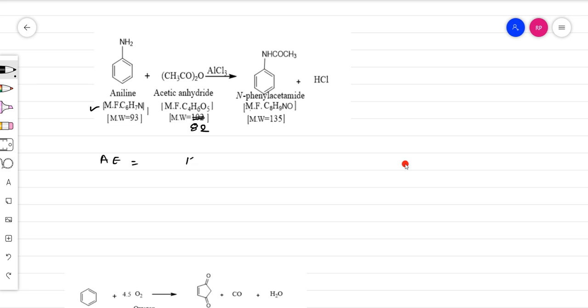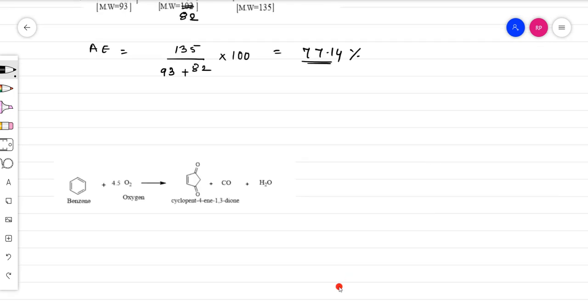This is 135 upon the reactants. Two reactants are there, and this is your product. So 93 plus 82, times 100. Reagents we don't consider. The answer for this is, I guess, 77.14 percent. That's your answer.